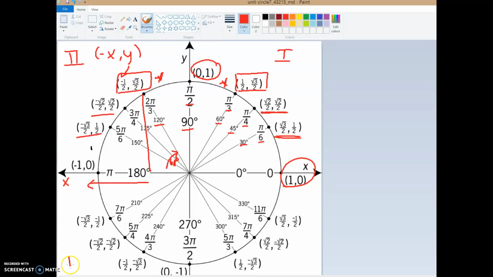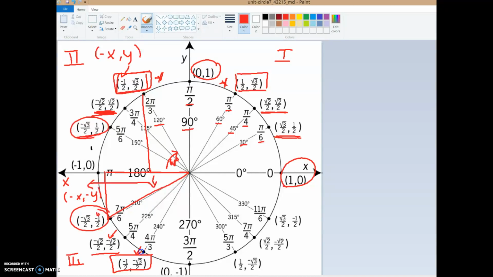Now when I go down here into quadrant 3, again it's reflecting. You can see that this one is the same as this one, and again it's in regard to this reference angle that creates the triangle here. This middle one is the same as this middle one, and this one at the bottom is the same as this one, all except now we're going to have negative x's and negative y's. So you can see that we've added these negatives.